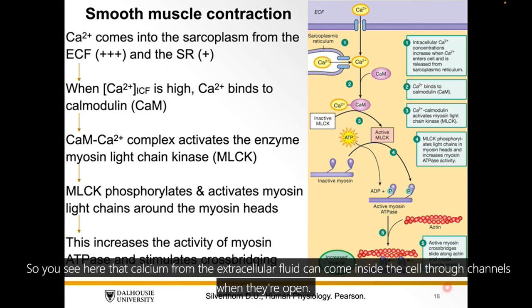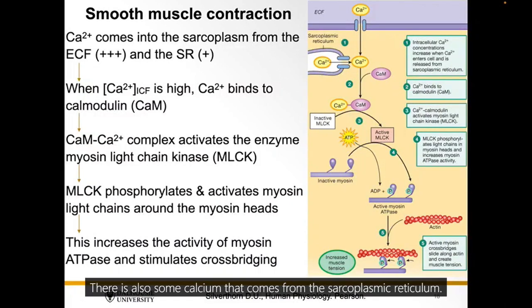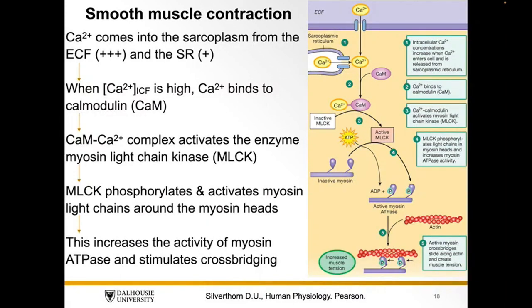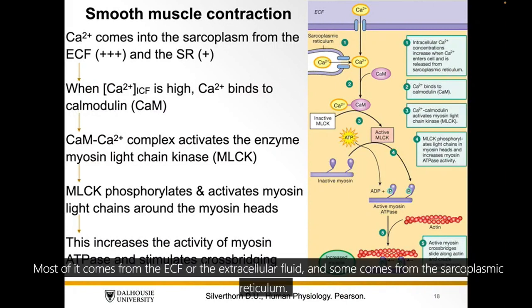You see here that calcium from the extracellular fluid can come inside the cell through channels when they're open. There's also some calcium that comes from the sarcoplasmic reticulum, and we've seen this when we talked about skeletal muscle. So in smooth muscle, calcium actually comes from 2 different places. Most of it comes from the ECF, or the extracellular fluid, and some comes from the sarcoplasmic reticulum.